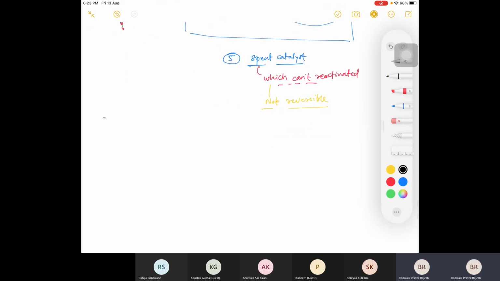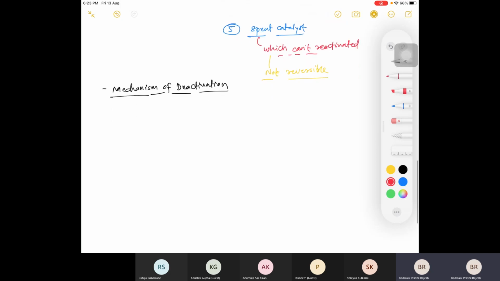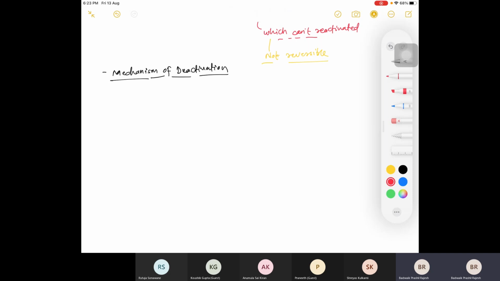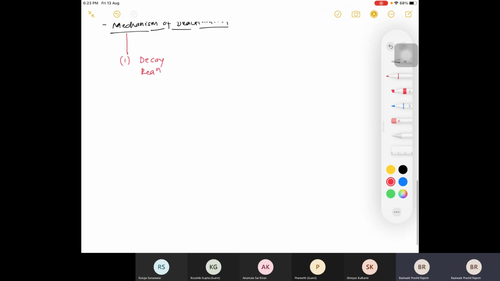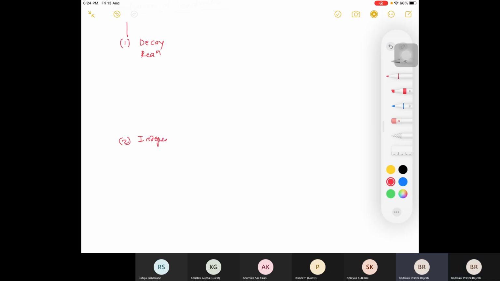Now I am writing mechanism of deactivation. This is very easy, you just need to understand the concept. Then you can define and you can write any theory there. So first I am writing here is decay reaction. Second is independent deactivation.